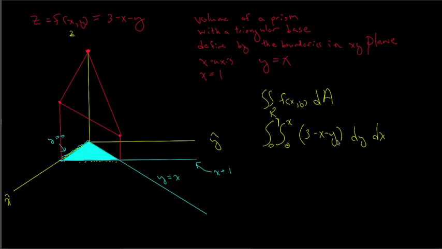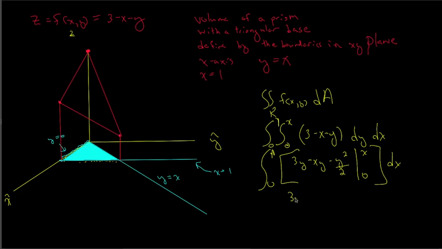I'll hold x constant, and I'll get 3y minus xy minus y squared over 2, evaluated from 0 to x. And now I'm going to come back in, and wherever I see a y, I'm going to replace it with an x. So I'm going to get 3x minus x squared over 2.